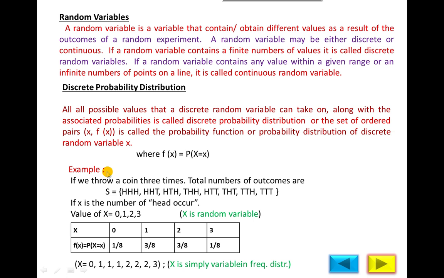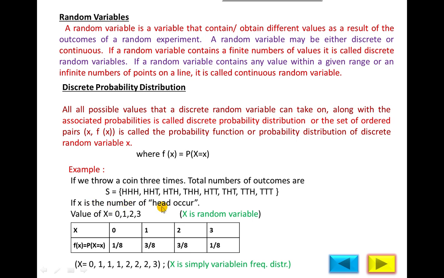You can understand easily the difference between a variable and a random variable. You know that a variable represents all the values, while a random variable represents the result of the outcomes, the possible results of the outcomes. So if we throw a coin 3 times, the total number of outcomes is 8. If x is the number of heads that occur, you have used the same statement in the last 2 lectures or videos.